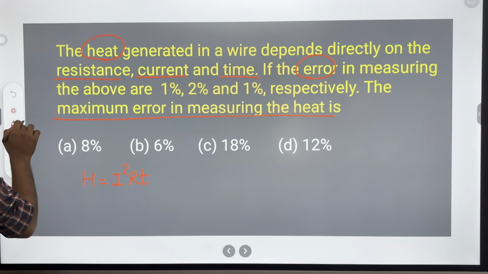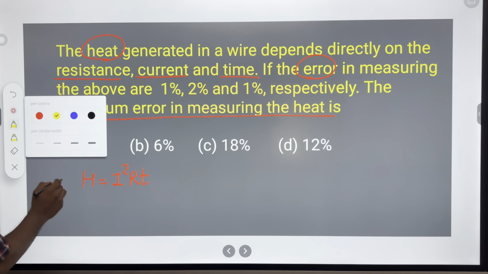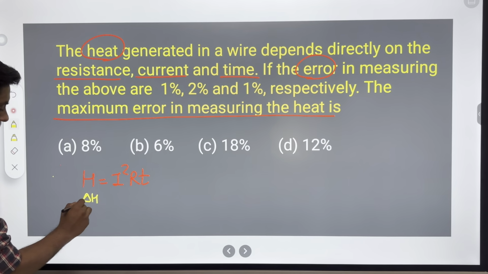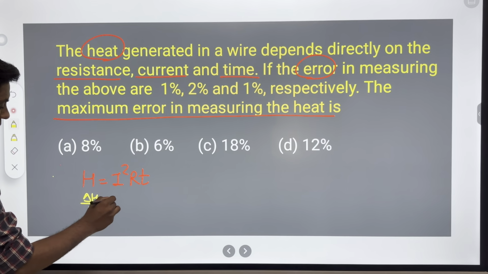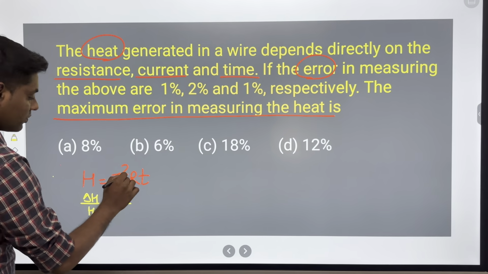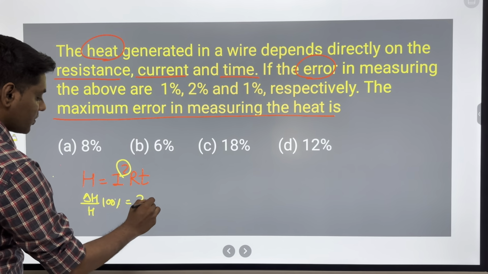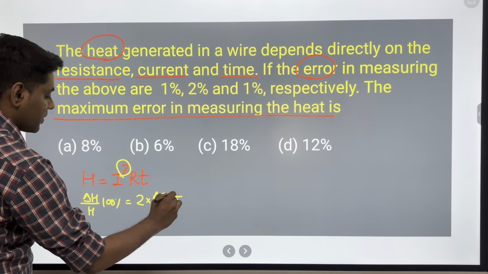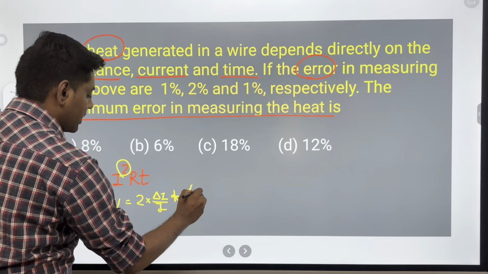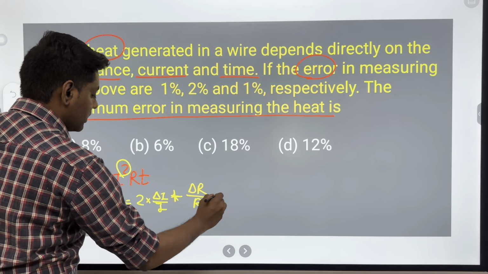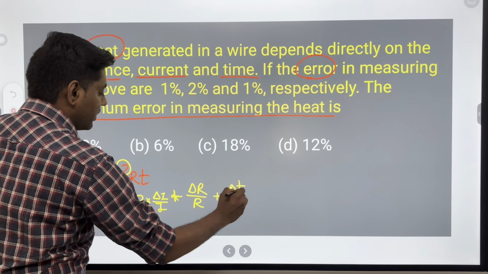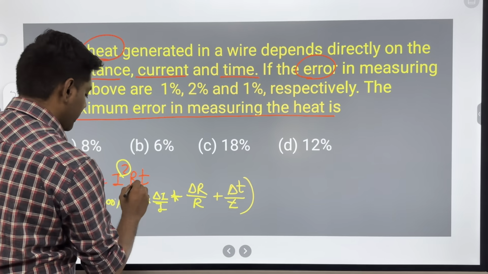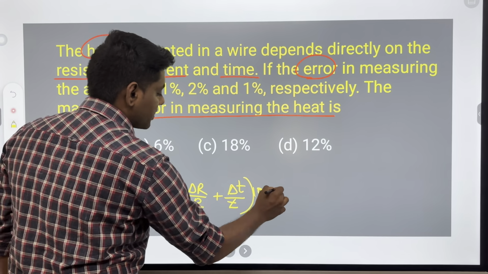Again similar, by using the relative error formula, delta H by H into 100 percentage is equal to, I square, so that is 2 into delta I by I, plus delta R by R, plus delta T by T, bracket complete, into 100 percentage.